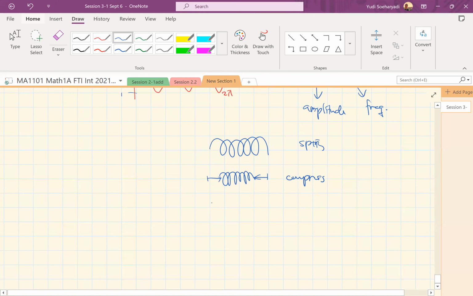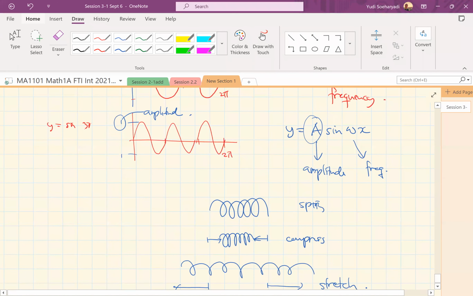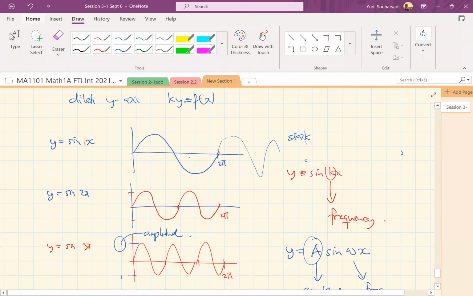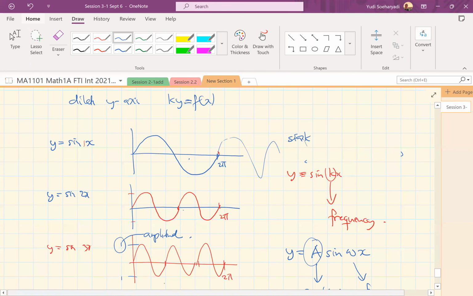And sometimes you can stretch. So depend. So you think from here to here, you compress.